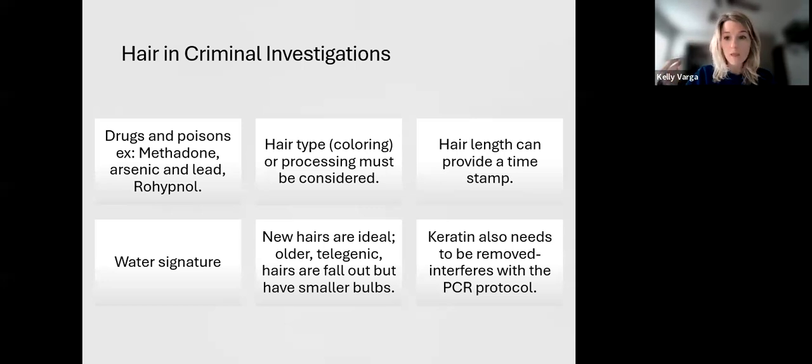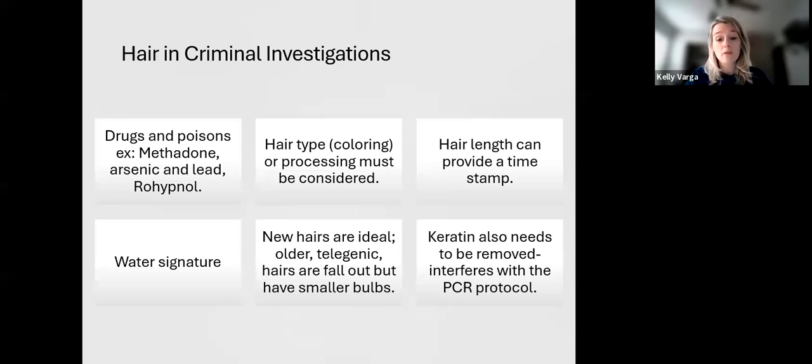That's sometimes what we call them. Those are ideal. It's got a nice, big, healthy, robust bulb, and it's going to have really good structure of its nucleus and DNA. As your hair ages and it falls out and is shed, the older or telogen hairs, these fall out and they tend to have smaller bulbs. So PCR recovery may be a little bit challenging there.